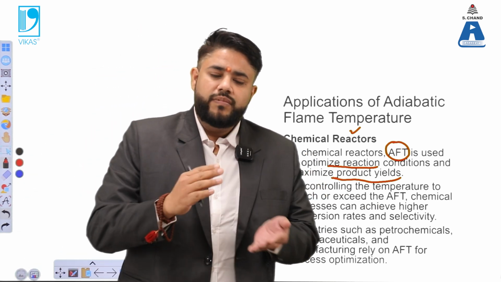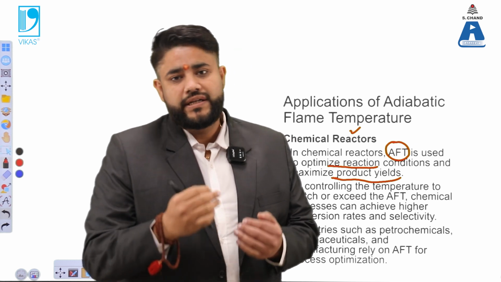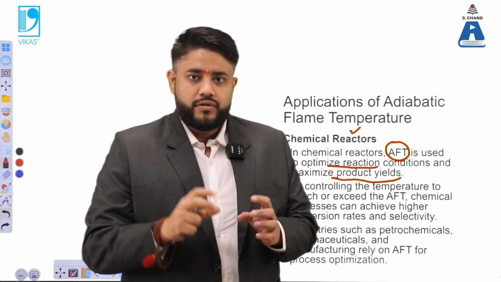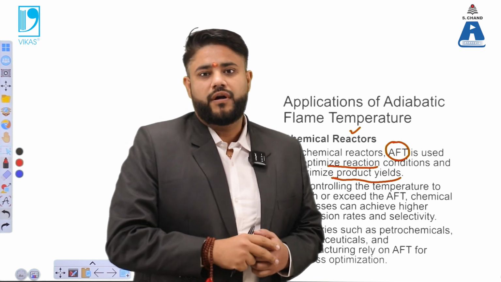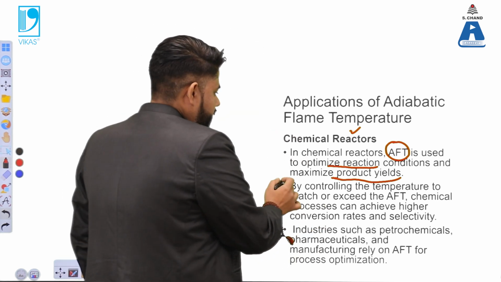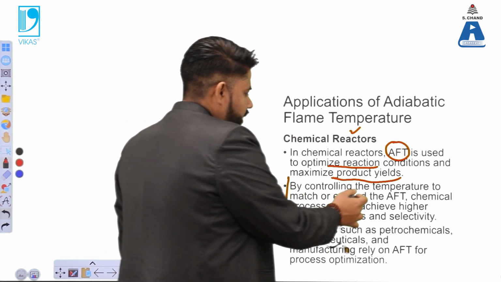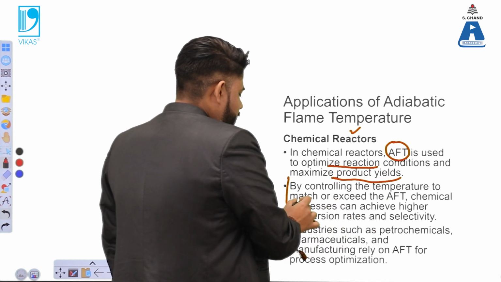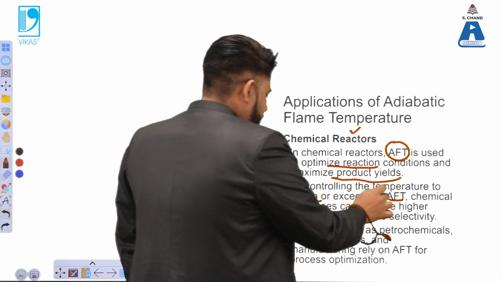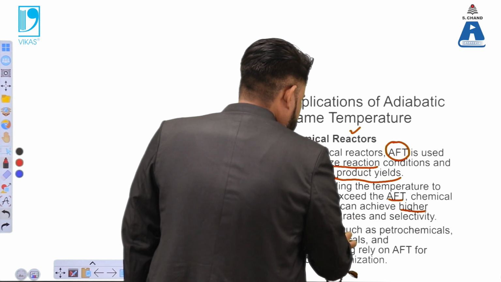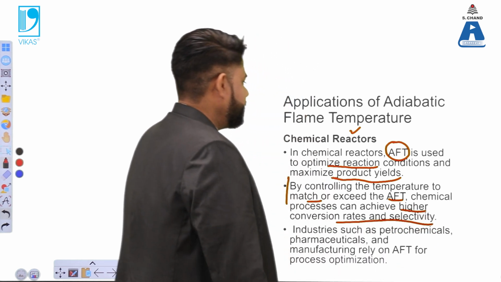Maintaining particular temperature values inside the combustion chamber would lead to the production of a good quality product. By controlling the temperature values, if the temperature matches or exceeds the AFT, chemical processes can achieve higher conversion rates and selectivities.